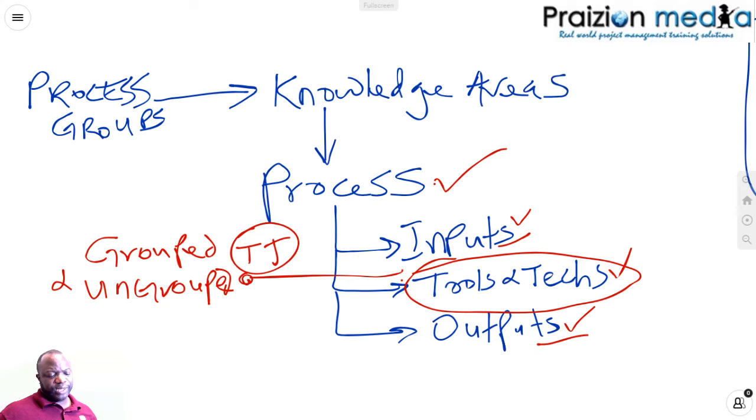For example, you've got benefits management plan and business case. But the benefits management plan and the business case are now under business documents. So you see business documents as a new term, but some of the stuff in it you know. Maybe not all, but some you know.